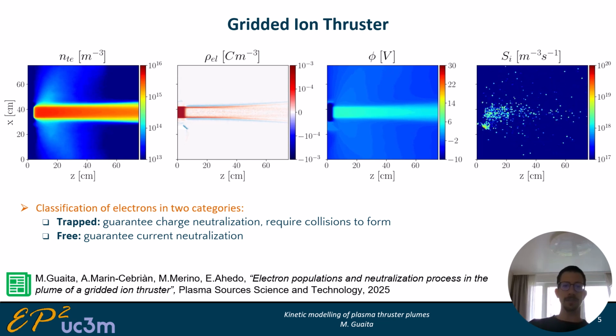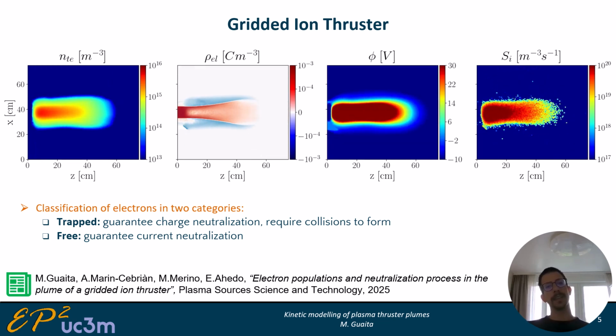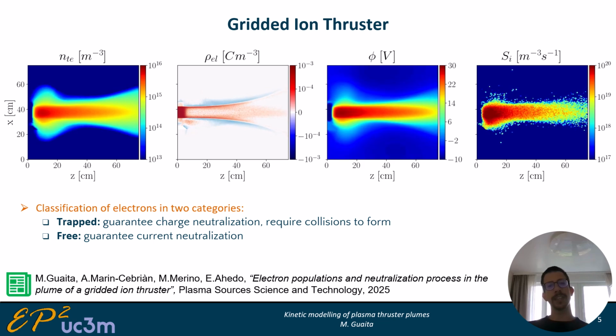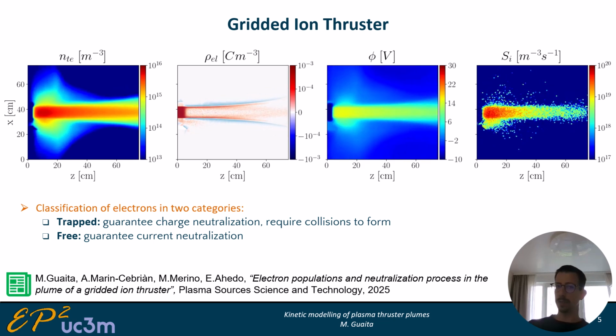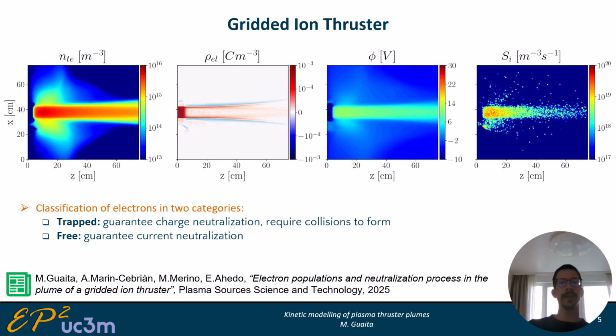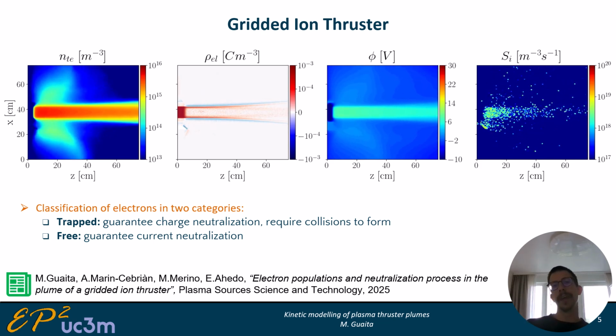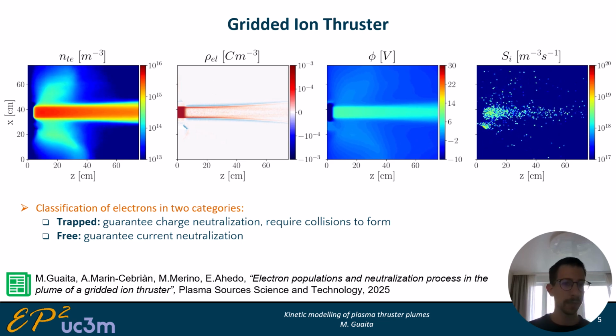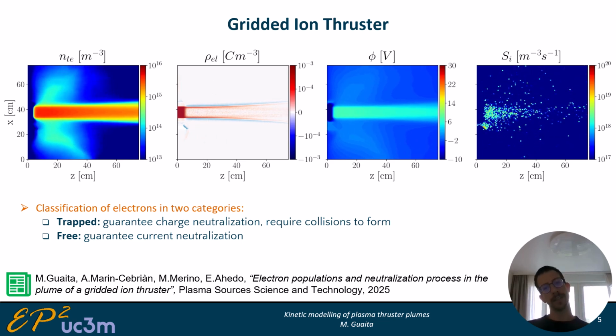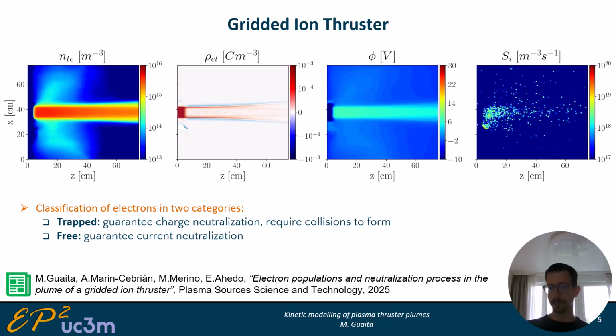The first are trapped electrons, which are those electrons trapped inside of the potential well of the plume. These electrons guarantee the neutralization of the space charge of the plume, and therefore the formation of a potential map with moderate potential values. However, very importantly, these electrons require inelastic collisions to form.